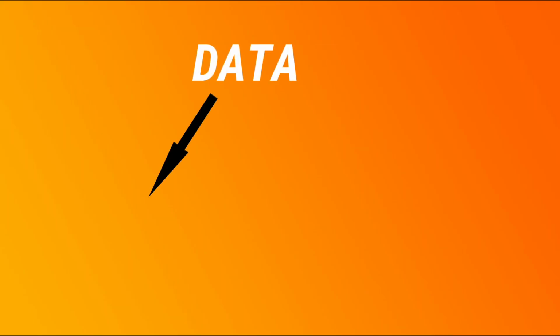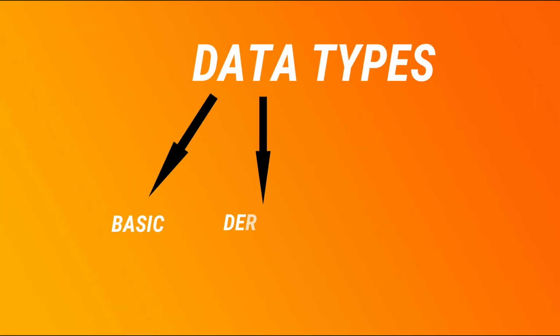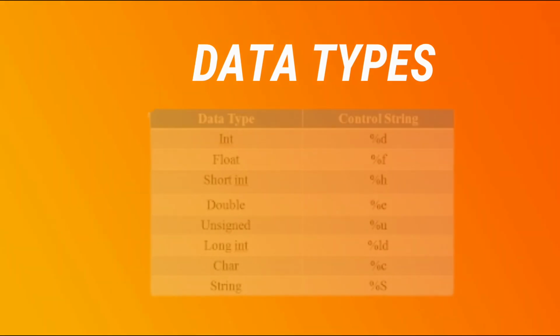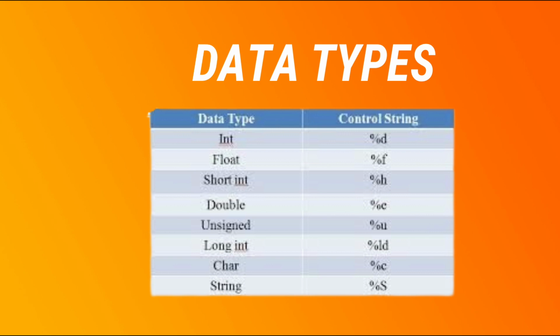And you also know about data types: basic data types, derived data types, enumerated data types, and void data type. I'll put this image here. You can write it down or take a screenshot, it's all up to you.